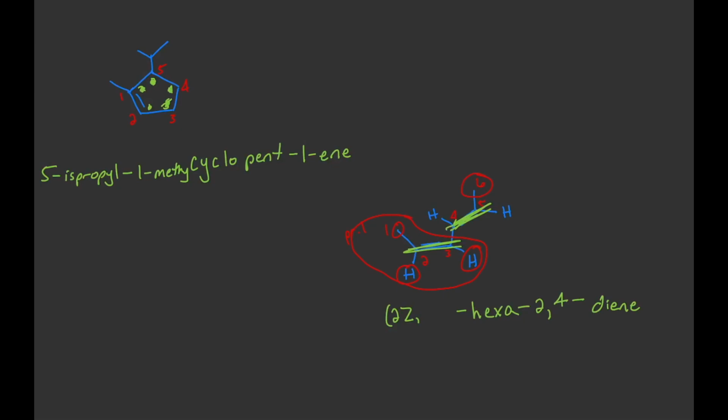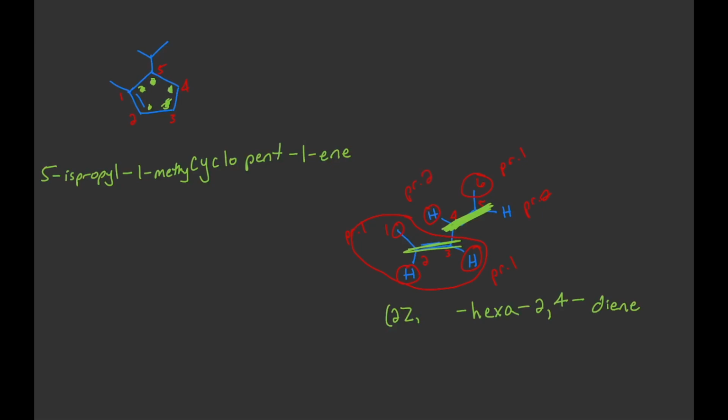So again, looking across the alkene right here, we see that on one side, priority 1 is on the top and priority 2 is on the bottom. But on the other side of the alkene, priority 1 is on the bottom and priority 2 is on the top.